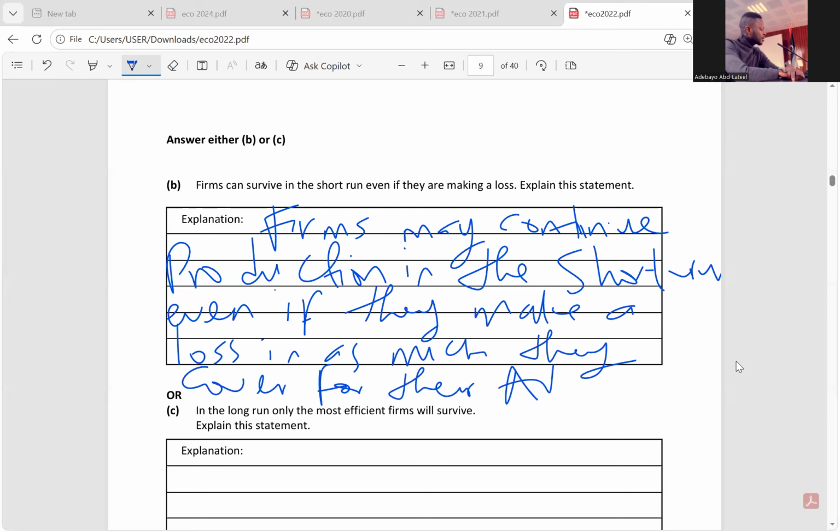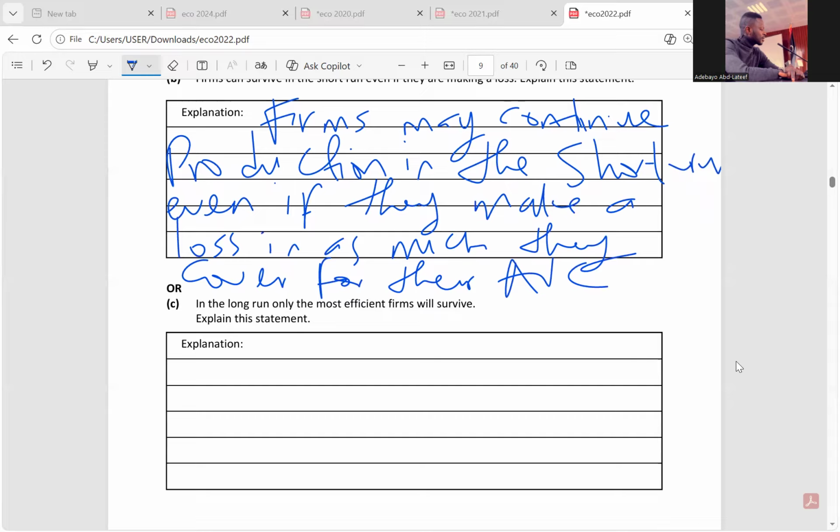Firms may continue production in the short run, even if they make a loss, inasmuch as they cover for their average variable cost. Is it clear? Okay.